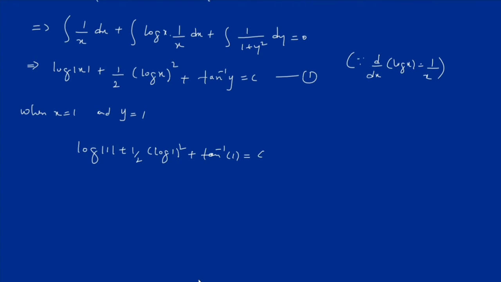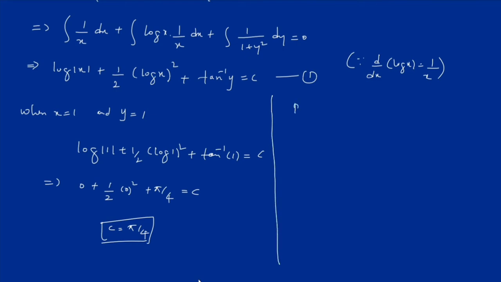So log value of 1 is 0, plus 1 by 2 into 0 square, plus tan inverse 1 is pi by 4, which equals c. Therefore finally, the value of c is pi by 4.